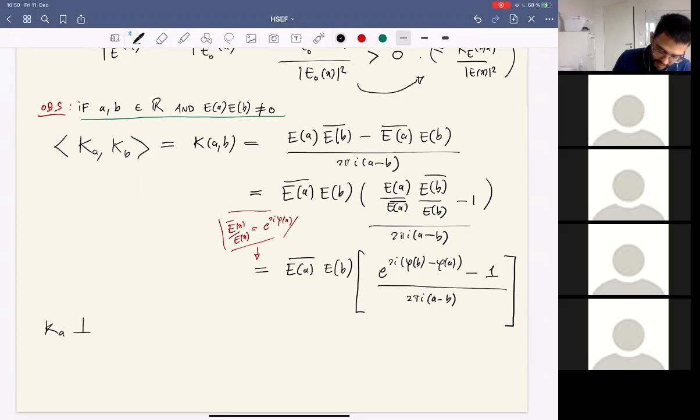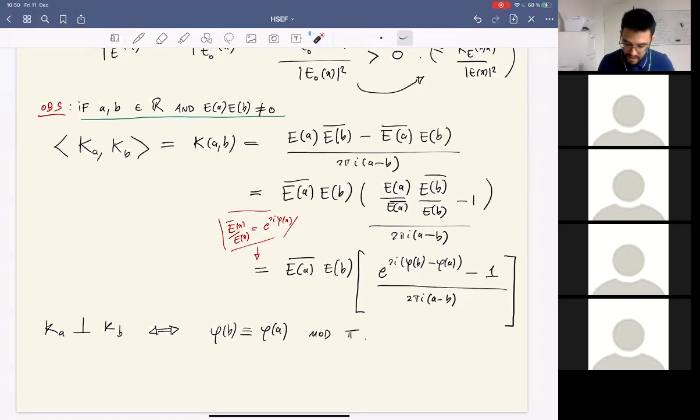K of A is orthogonal to K of B if and only if phi of B minus phi of A is congruent to 0 mod pi. Because if they are equal mod pi, that means that this is an integer multiple of pi. So this whole thing would be some 2 pi i k for some integer k.